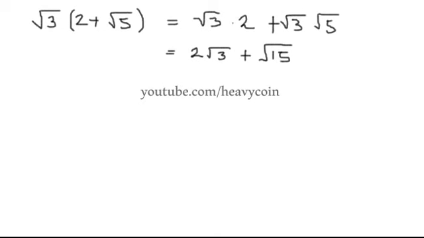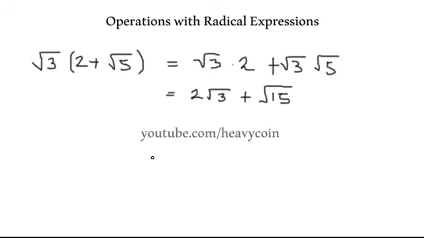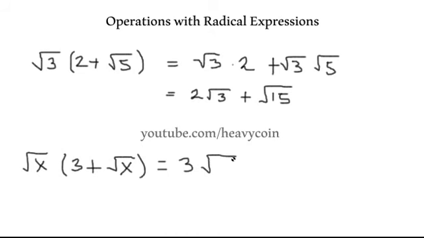So let's look at another one. I don't know, we'll just write it down here. What if I had the square root of x times 3 plus the square root of x? And what I'm going to do is multiply this across again. So this time I'm just going to write the 3 on this side. Alright, and then square root of x times square root of x.